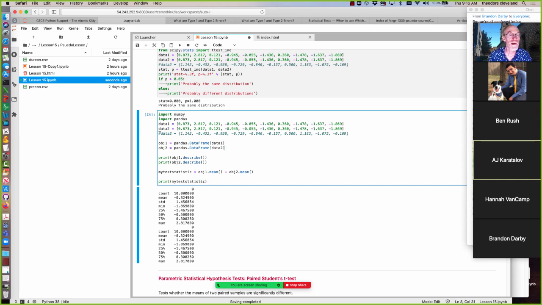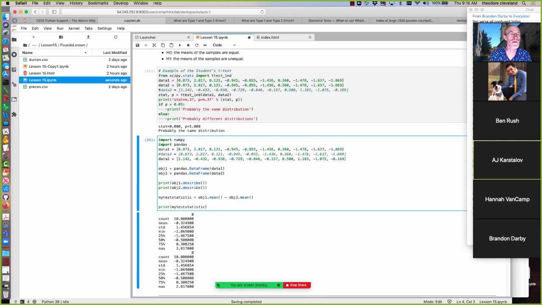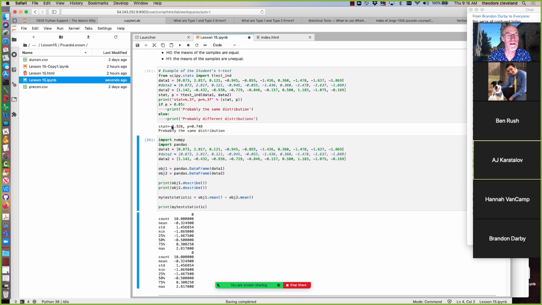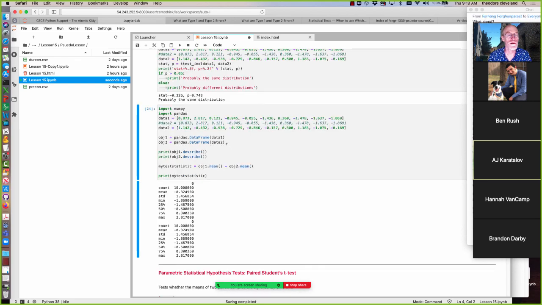And let's go back to the original data structure so that it's interesting. I just realized there would have been a smarter way to do that, but I'll leave that be. Okay, so now I'm returning to the original example. So we do that, and the test statistic is minus 0.3.